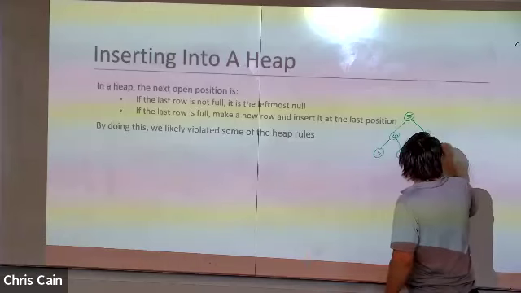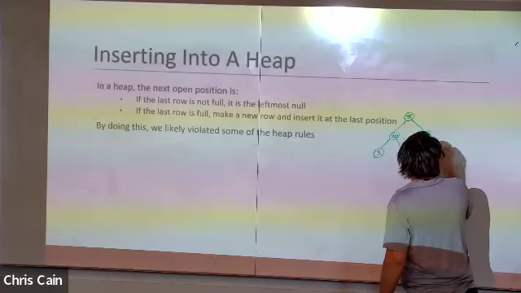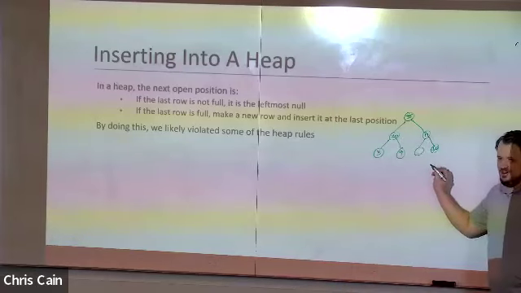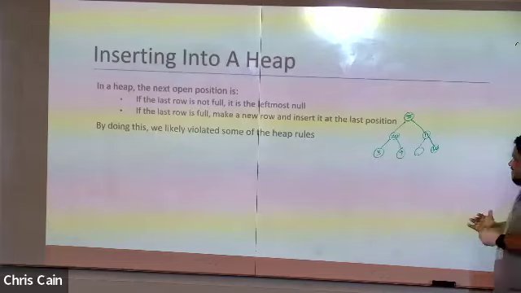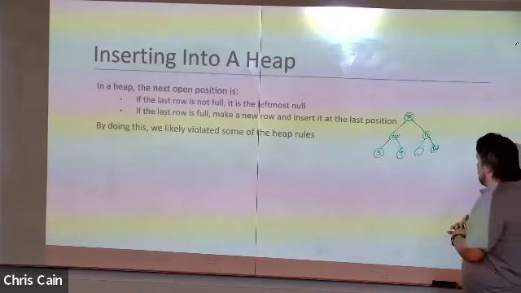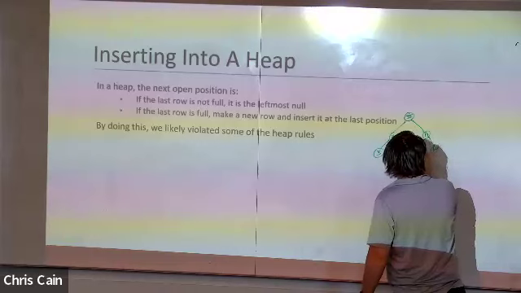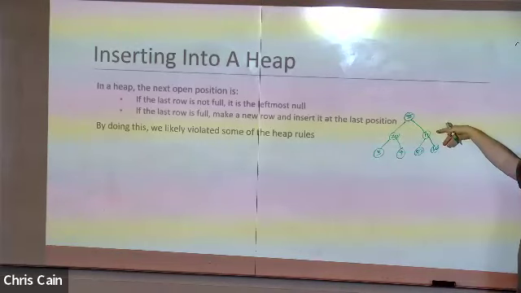Let's say we're inserting the 60 right here, and there was some value right here. What are all of the legal values that could be in this node such that we would have had a legal heap before we inserted the 60? Yeah, something that is less than 17. So if we swap the 17 and the 60, is this a legal heap?